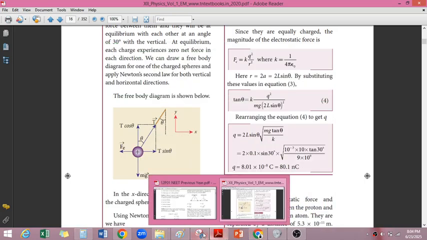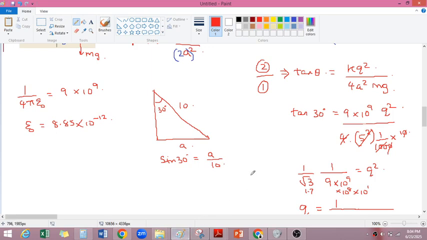Let's see if I have made some errors here. Can you see any errors here?